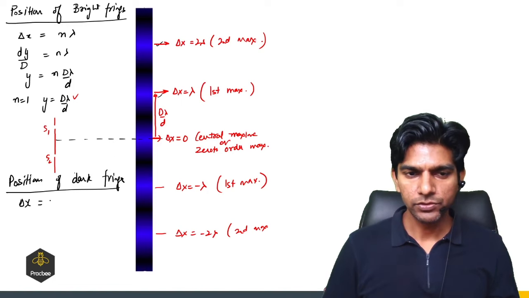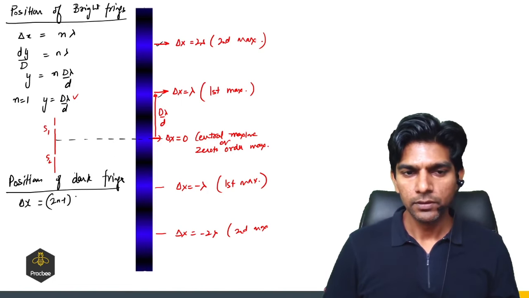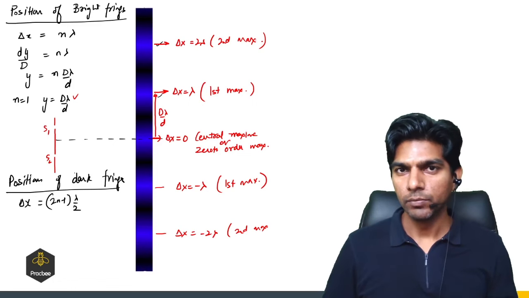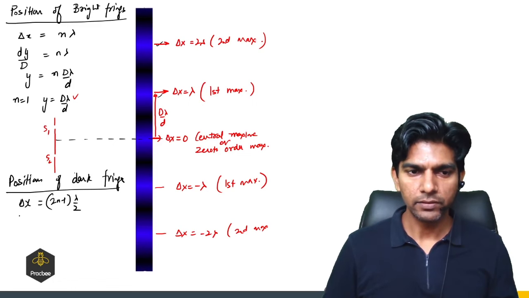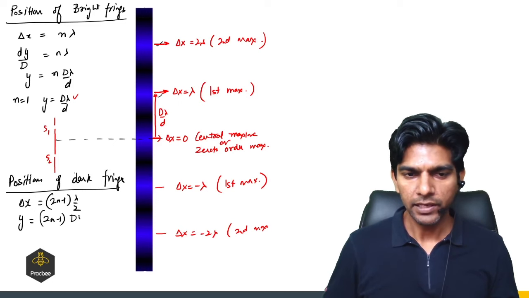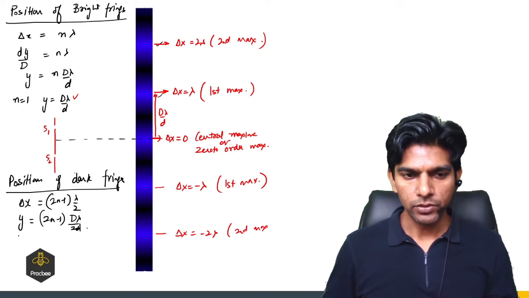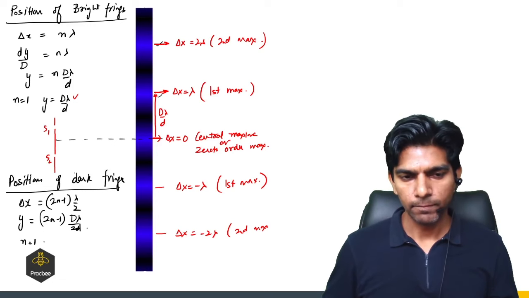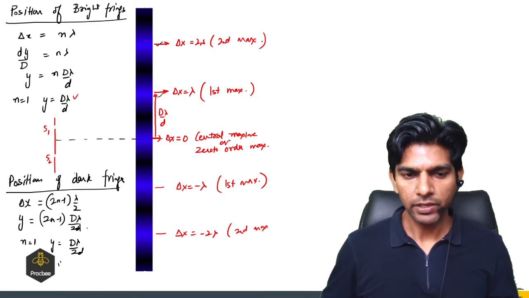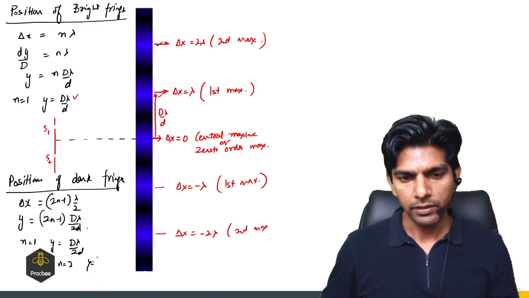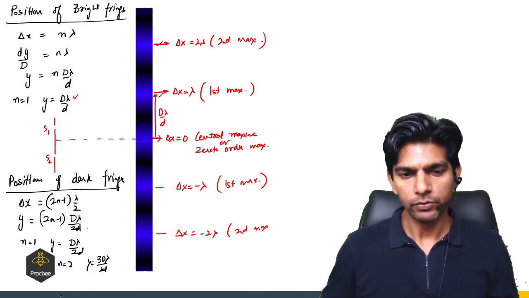So delta x should be equal to (2n minus 1) lambda by 2, an odd multiple of lambda by 2, and this can be written as y equals (2n minus 1) capital D lambda by 2d. So if I substitute n equals 1, y will be capital D lambda by 2d. If we substitute n equals 2, then y will be 3 capital D lambda by 2d.